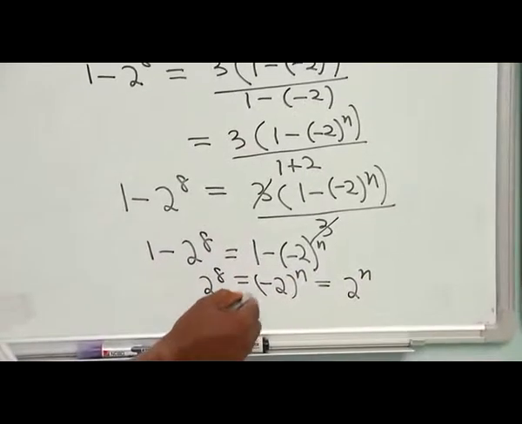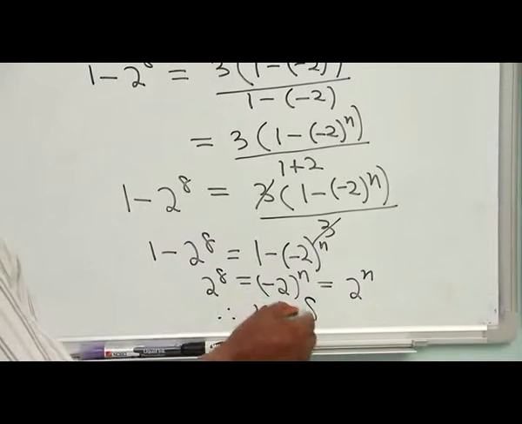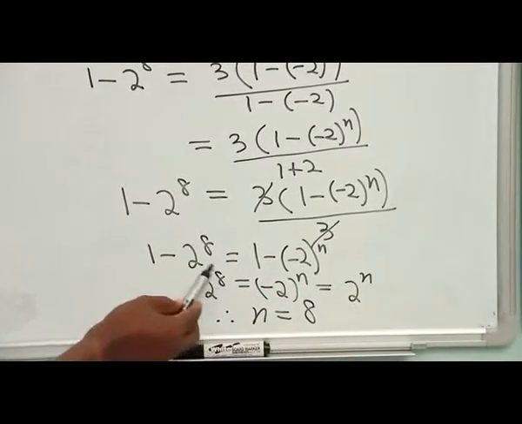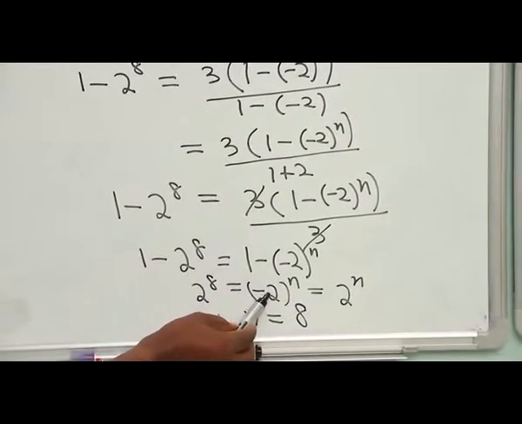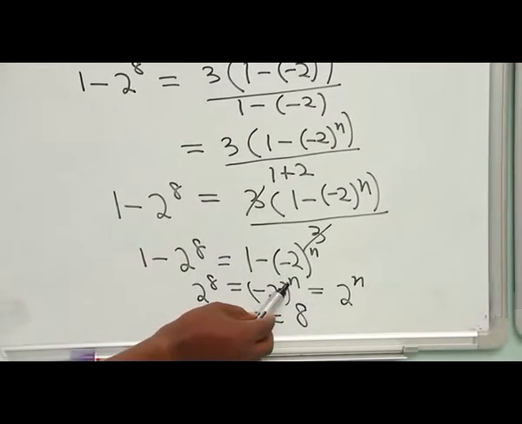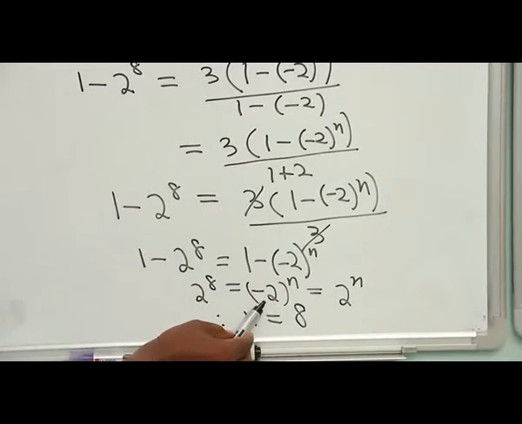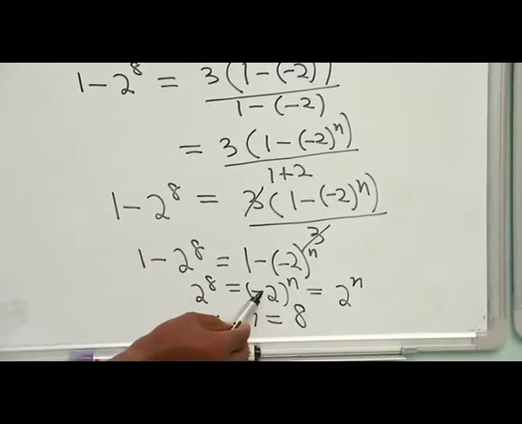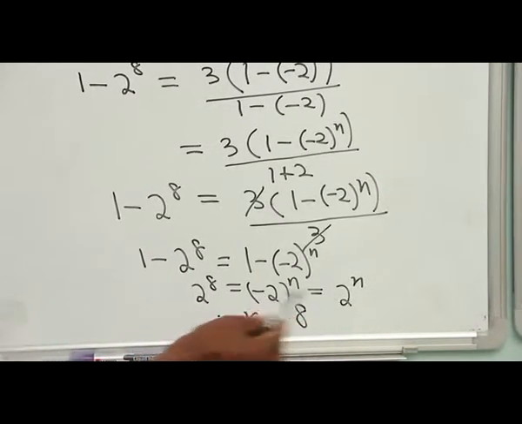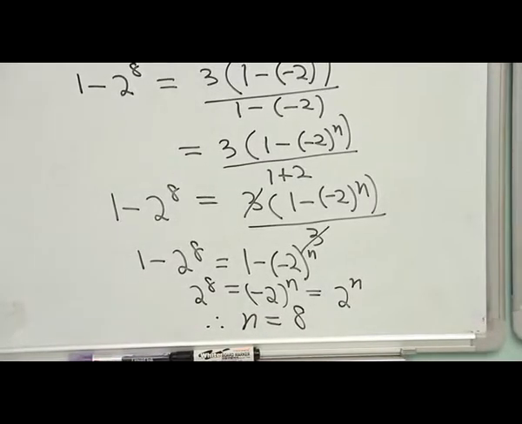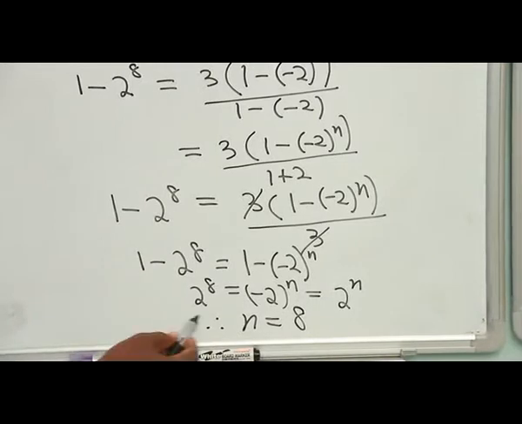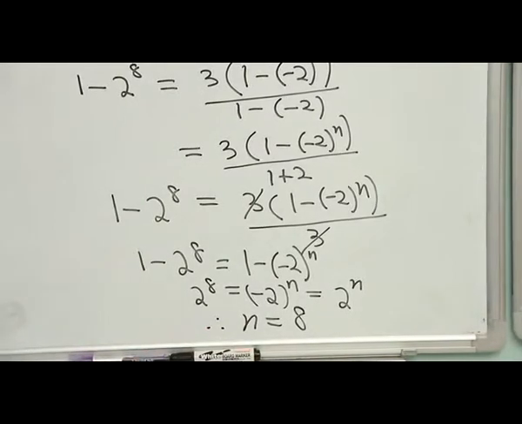Therefore, your n is equal to 8. Obviously, it's because the power here is even. Therefore, if you raise a negative value to an even power, it will also be what? Even. Hence, we are able to conclude that this is equal to this. So our answer, the number of terms we are asked to find, is n equal to 8.